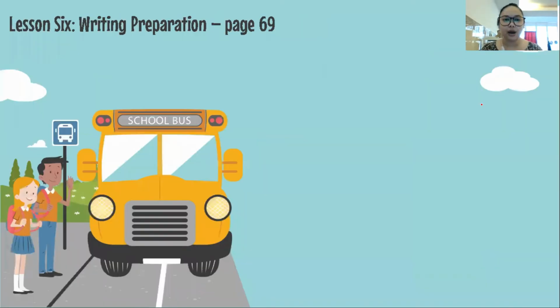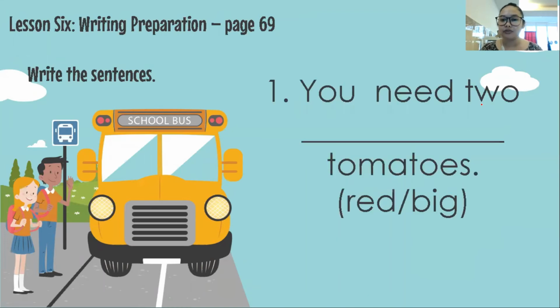Okay, let's move to our next exercise. This time, we are going to write the sentences. Okay, so for exercise number 1, here, sentence number 1, you need 2 blank tomatoes. Again, remember, in writing the sentence, we put the size first and then the color.